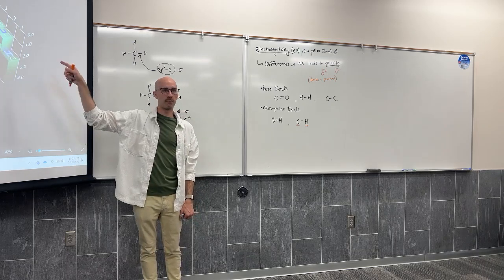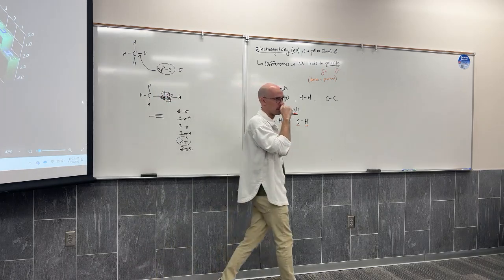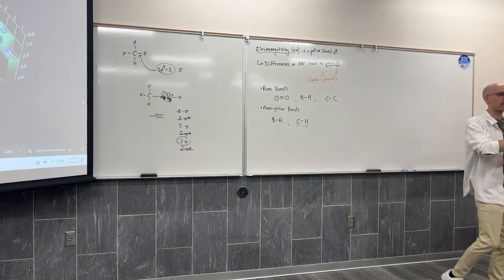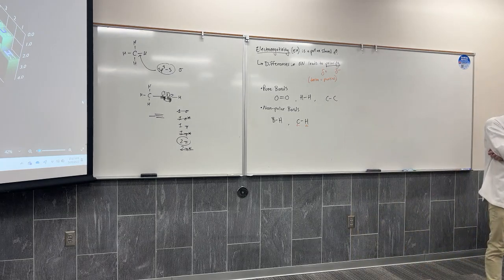Tell me about the boron to hydrogen bond. Which atom would be more negative than the other? Look at the table. Don't guess. Which of them has a higher electronegativity value? Hydrogen.